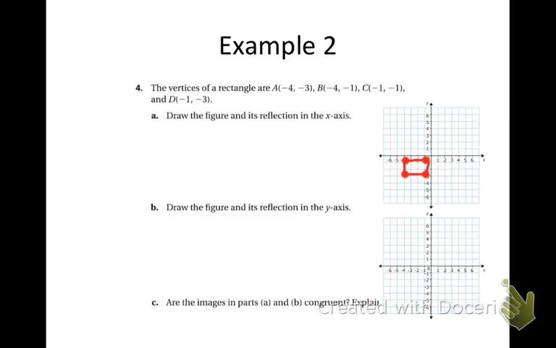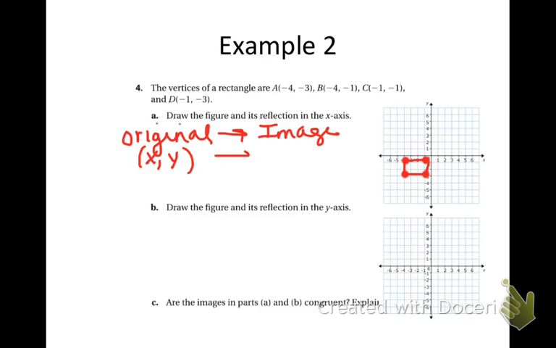I'm going to draw the reflection in the x-axis. And remember that if we're reflecting in the x-axis, we're taking the y-coordinate times -1. So I do want you to write the math down. If you want to organize it like this, original to your image, x comma y is going to x comma the opposite of y.